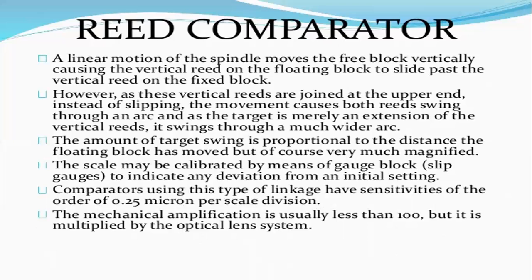Comparators using this type of linkage have a sensitiveness of the order of 0.25 microns per scale division. We have already studied that point in the earlier slide. So it has a sensitiveness of 0.25 microns.